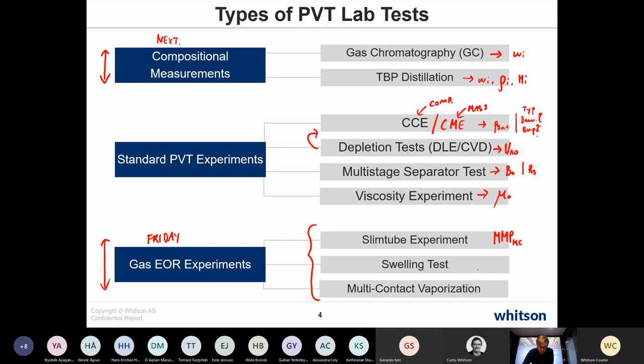The swell test gives us the MMP by first contact, and the multi-contact vaporization experiment can be done backwards and forwards, and that gives us data to be able to capture with the thermodynamic model the vaporization efficiency or whatever we like to call that. But that requires the fluids to be two-phase because you like to measure vaporization.